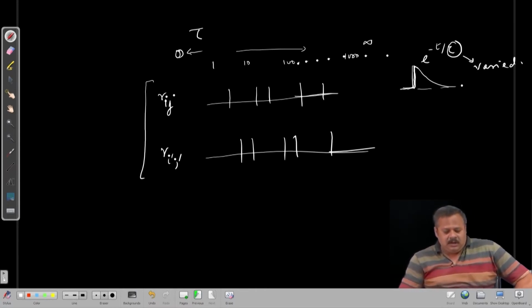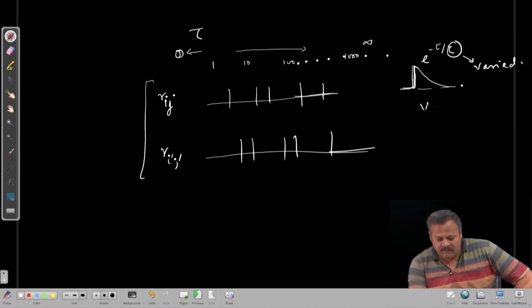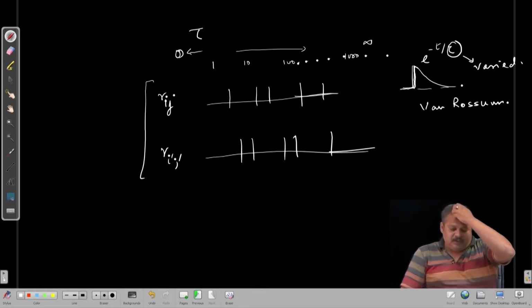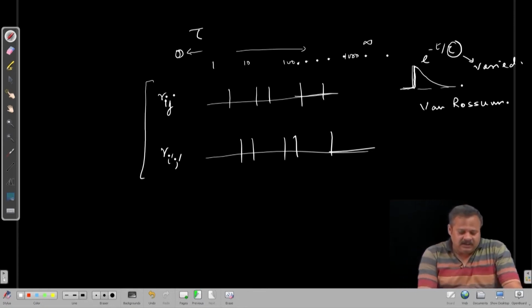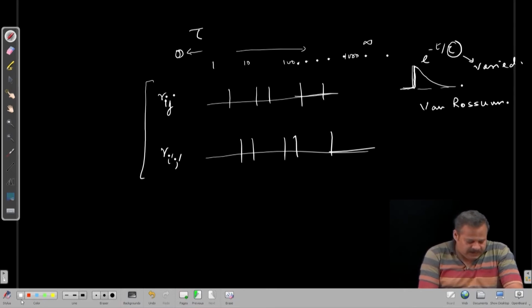Now this is work that was proposed and done by Van Rossum. So in response to spike train Ij and spike train I prime j prime, if I convolve that spike train with this e to the power minus t by tau, we will get some function like this.